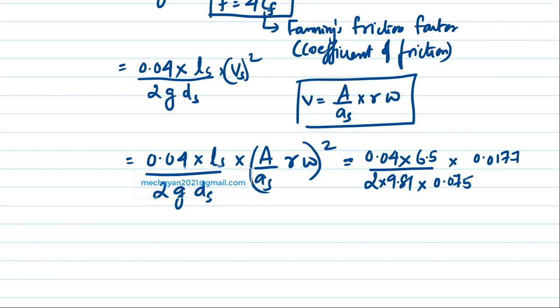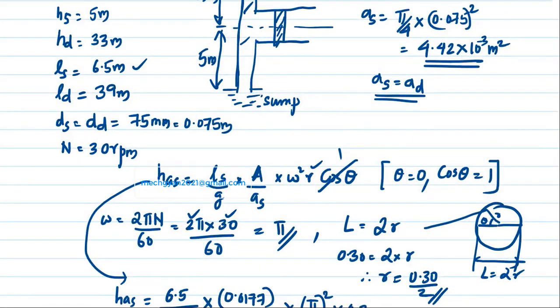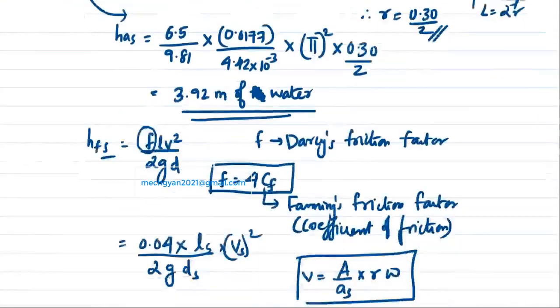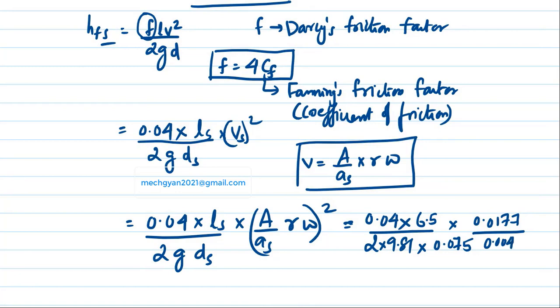Into the area we found, 0.0177, by the area of suction pipe 4.42 into 10 power minus 3, that is 0.00442, into R which is L by 2 as we found, so 0.30 by 2, into omega, which is pi, whole square.